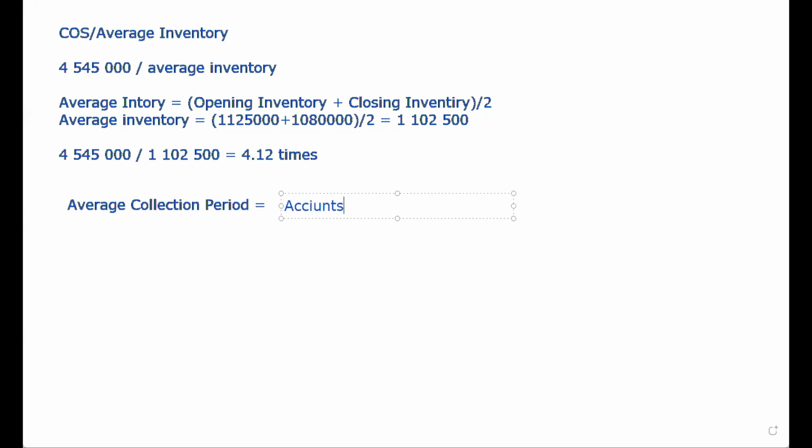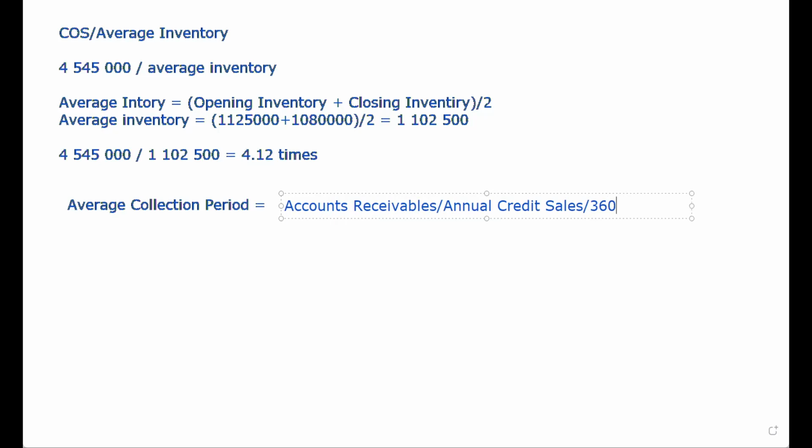Accounts receivables divided by the credit sales, annual credit sales, which you also divide by 360. If you're using his formula in the study guide, you also divide by 360. That is, if you're using the formula in the study guide.